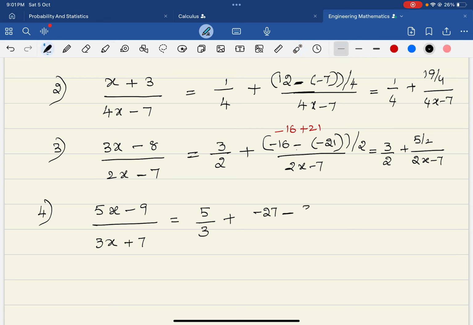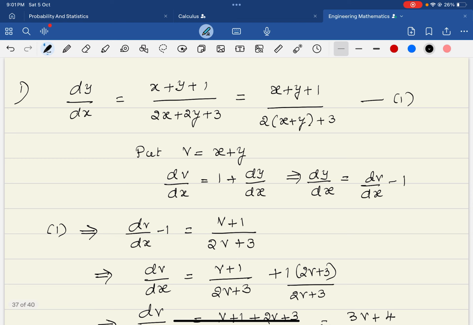So 5 into 7 is 35 over the coefficient of x, which is 3. So that is over 3, over the denominator 3x plus 7. So how will you rewrite this? 5 over 3, and minus 27 minus 35 becomes minus 62 over 3, over 3x plus 7. With this you could understand, now it is clear, I think, how to split the given fraction.